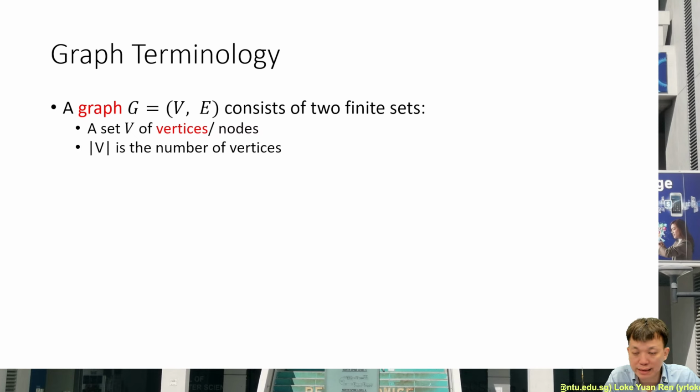So there's a set of vertices and a set of edges to form the graph. Then we use this notation to indicate the number of vertices. If V represents the set of vertices, then this notation indicates the number of vertices.